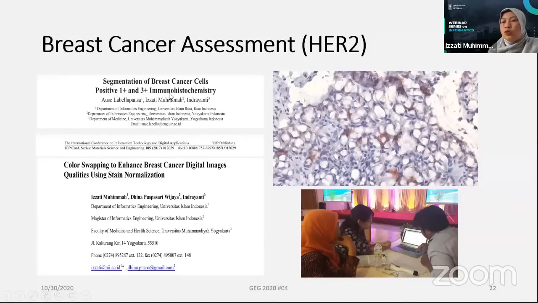If 3+, you go to treatment A. If you are not 3+ and you get medicine A, it will not work to cure the breast cancer. So we want to make sure whether it's 2+ or 3+. We are also doing that research, and the system helps to do the targeted therapy.